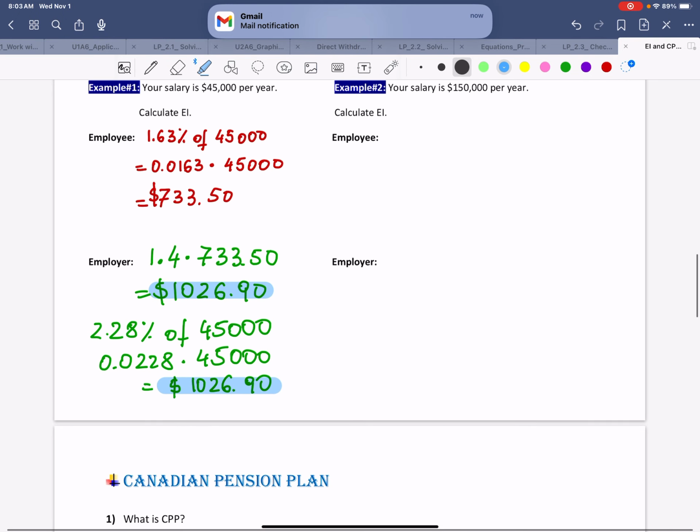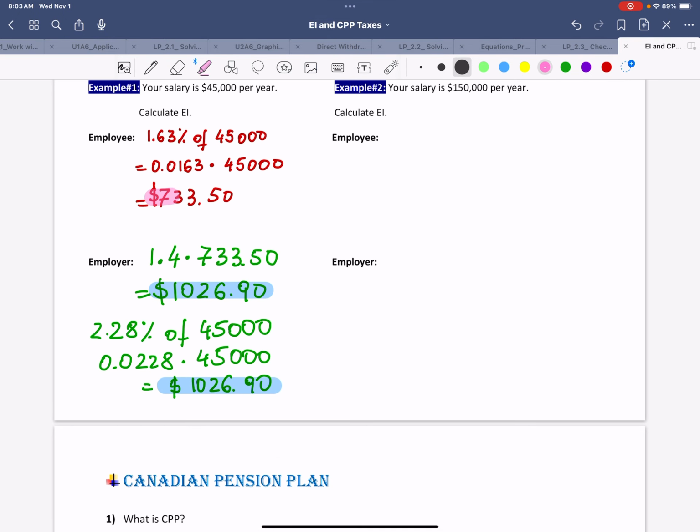So in total, the amount of taxes that are paid for a 45,000 salary in employment insurance would be equal to 733.50, which is what the employee pays, plus 1,026.90.